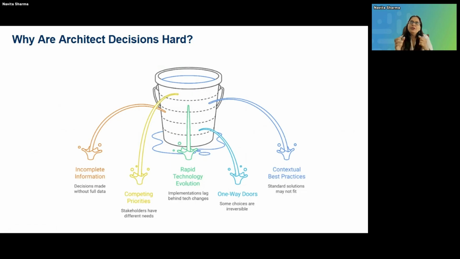This is interesting, right? Many times we know these things, but putting them in a context or a framework really helps, because unless we apply them, it's not impactful. So perhaps the first thing is incomplete information. I'm sure you would have seen many times you get an incomplete view from the business, with which making decisions is very hard.